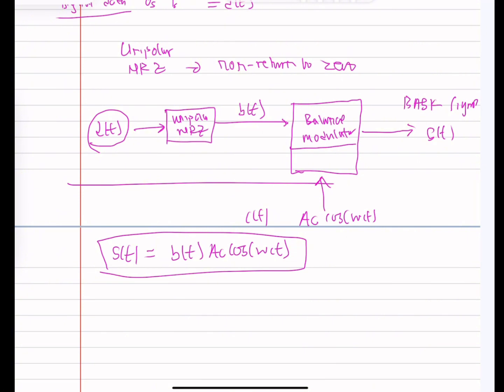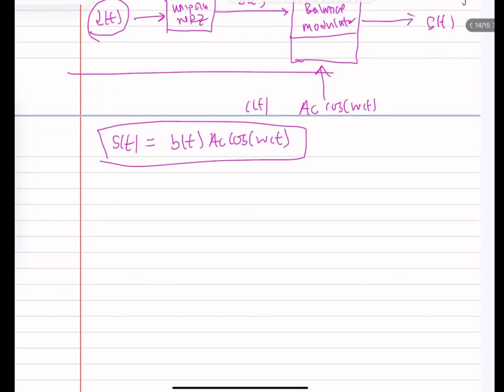So let's do a little bit of analysis here. For the generation of binary ASK, if the binary is 1, it means that B of t, which is the binary data, is 1.